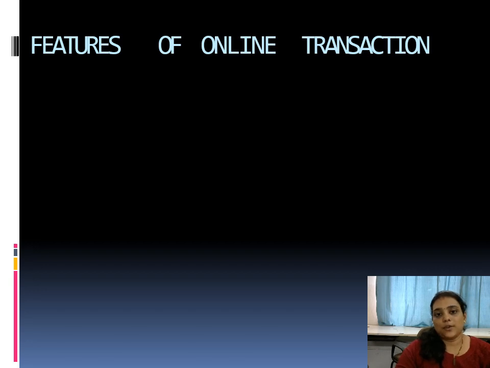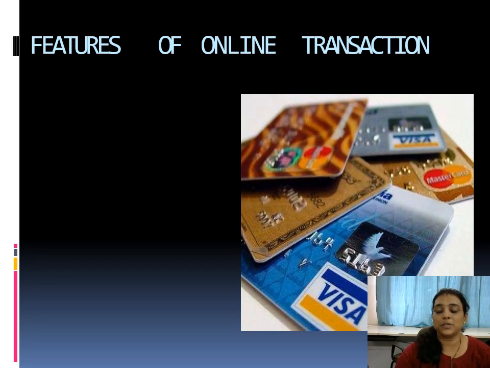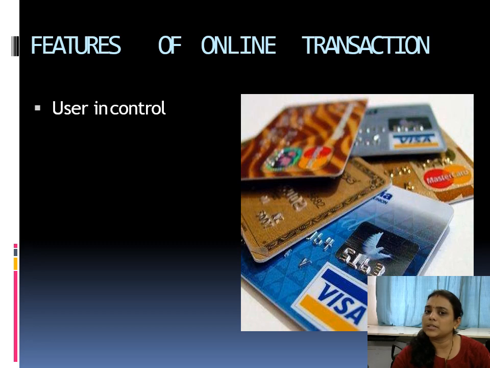Features of online transaction. How do I purchase goods and how do I go through it? Or what is the online process of purchasing? The first thing I will do, as you can see in the picture, involves credit cards and the different debit cards. The first feature is that it is in the control of the user.